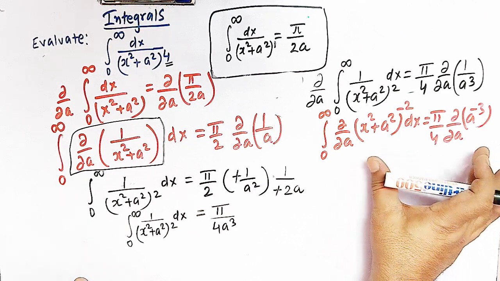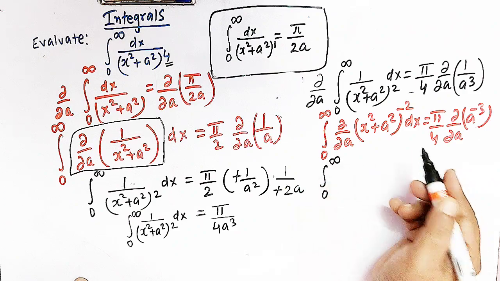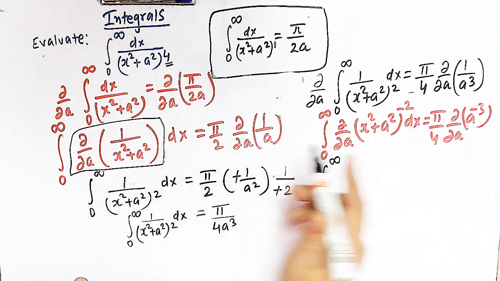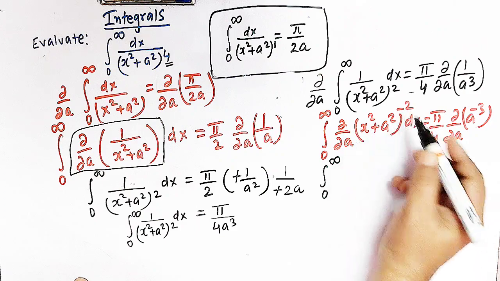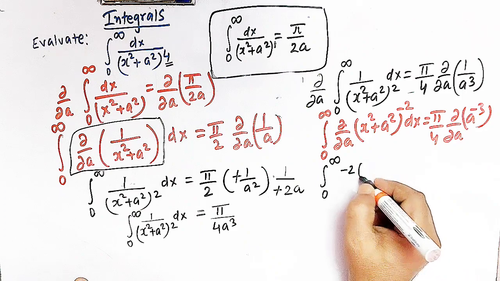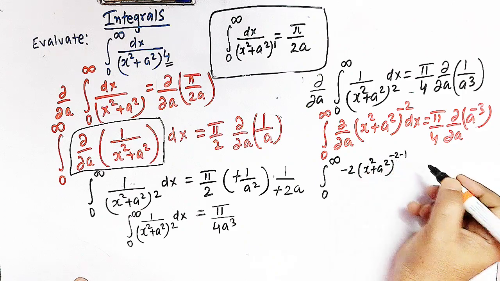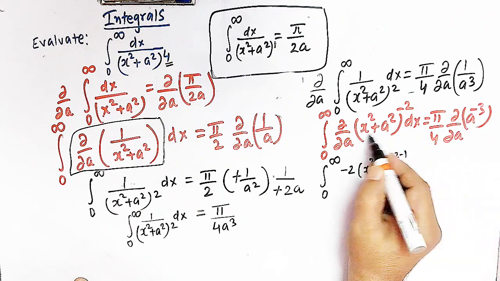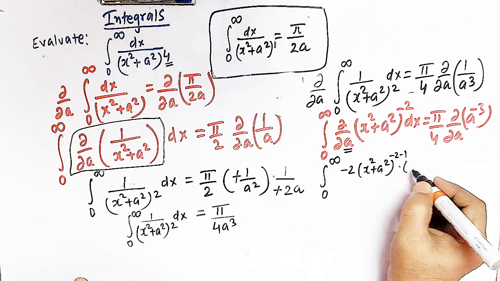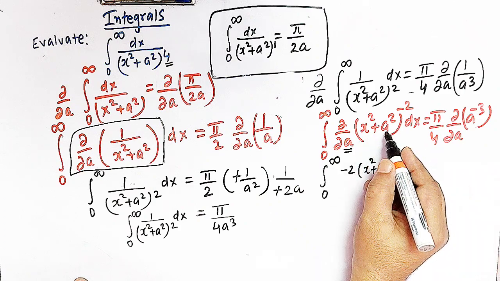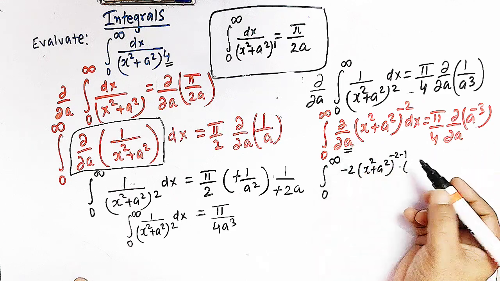So now we have this expression. So we can now write here 0 to infinity, and following the same steps, the derivative of (x² + a²) raised to minus 2 is given by minus 2 and (x² + a²) raised to minus 2 minus 1, and then the partial derivative of x² + a² with respect to a is 0 plus 2a, because the partial derivative of x² with respect to a is 0.